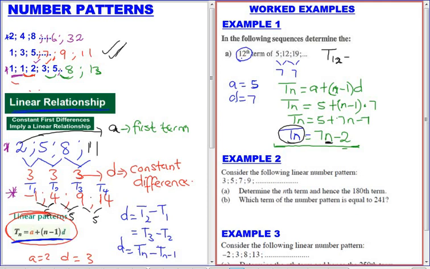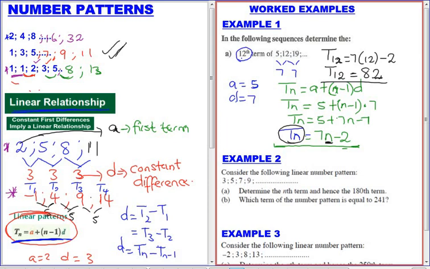I'm going to say 7 times 12 minus 2. You can use your calculator, and you should get 84 minus 2, that should be 82. That would be T12.